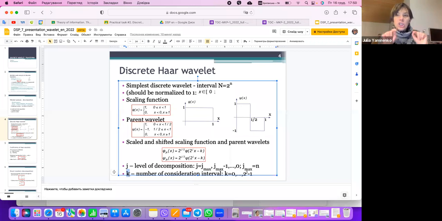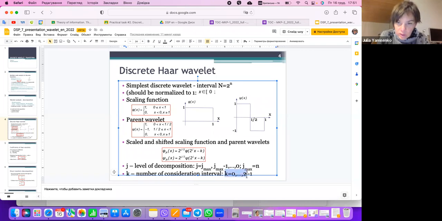So inside each level of decomposition, we will have different values of K. K will take all its values inside the concrete fixed level of decomposition. So for the concrete J, we will have a set of values K. For the next value of J, we will have another set of K. So it will be like an external counter J and an internal counter K. And K is dependent on J.